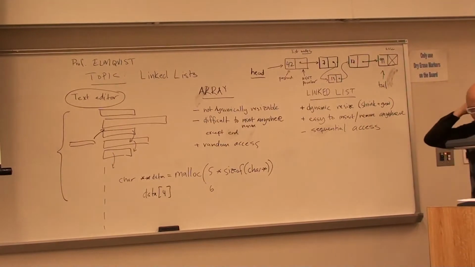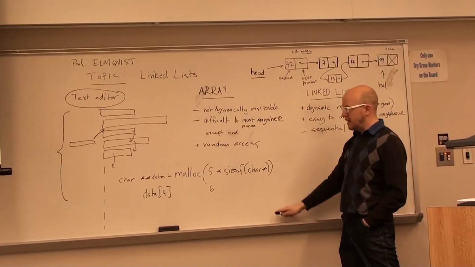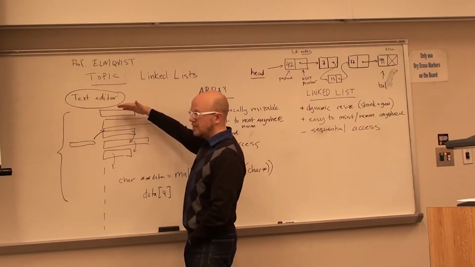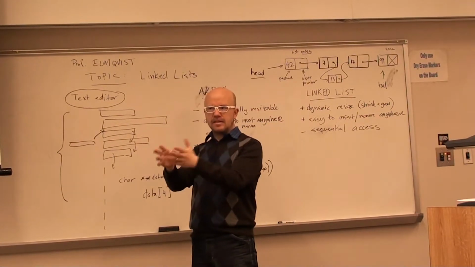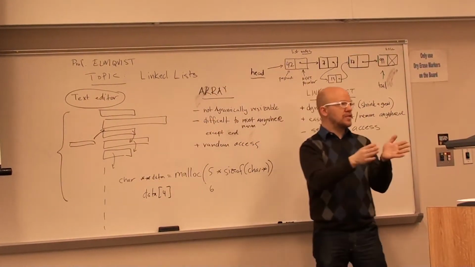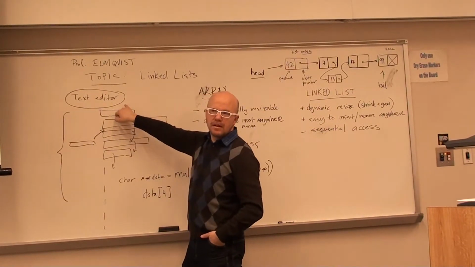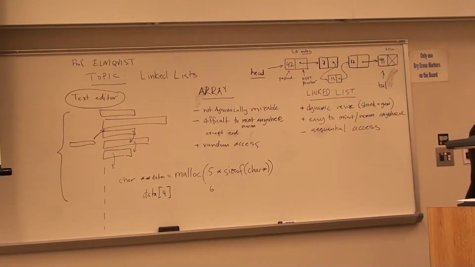So if we were to start implementing this, that's my goal for today, to implement a linked list capable of inserting elements at the front or the end of the list, deleting elements, traversing the list, in other words, visiting each of the lines and printing them. That's my goal for today. So, let's see then.